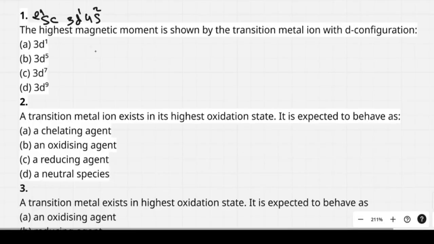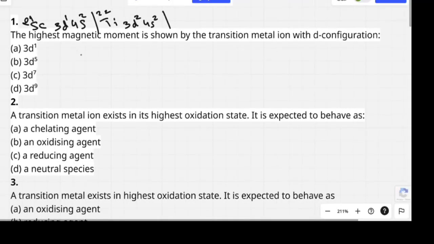Next is titanium with atomic number 22. It has outer configuration 3D2 4s2. Similarly, vanadium 23 has configuration 3D3 4s2.